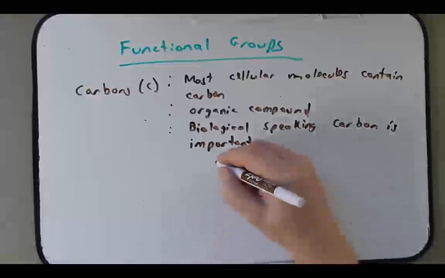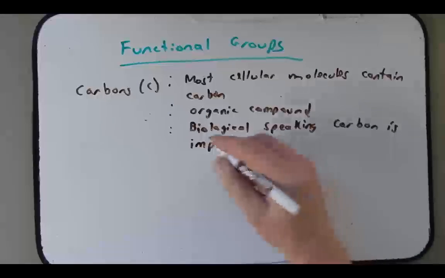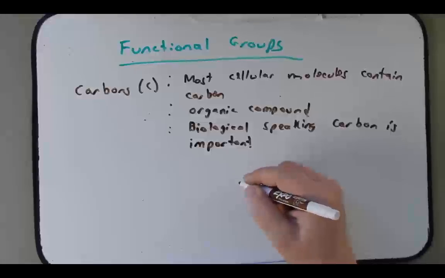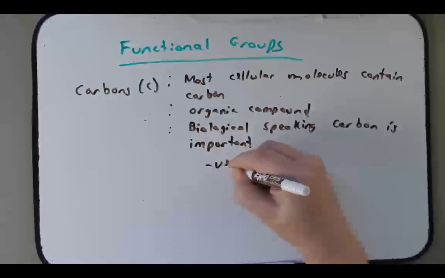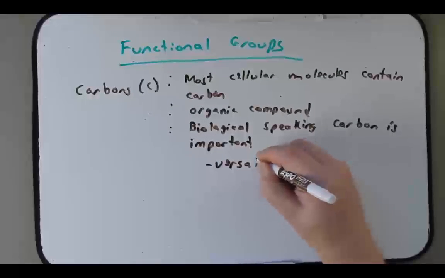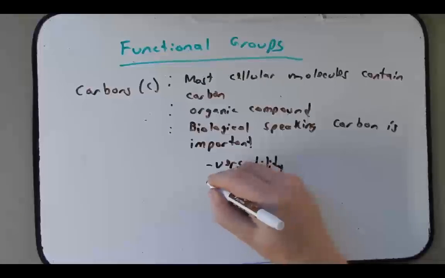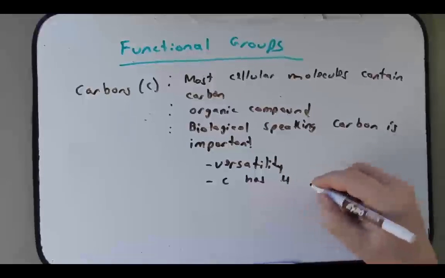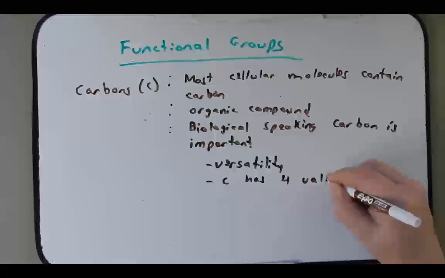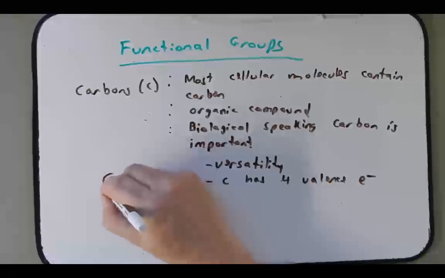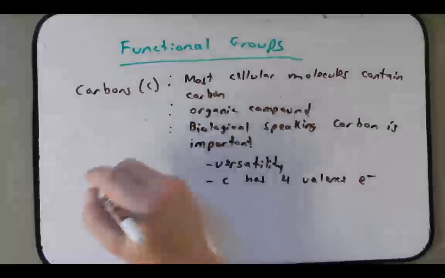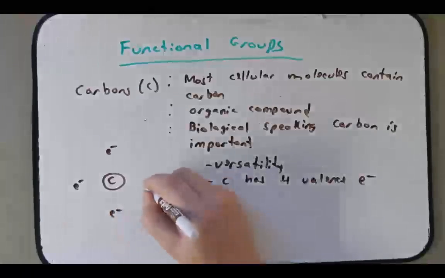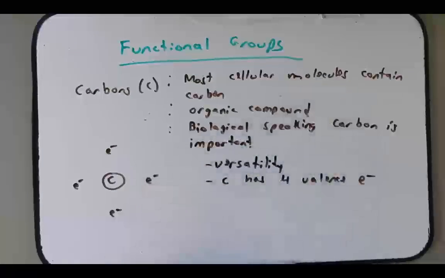One of the reasons it's important and unique to carbon and not other atoms is due to its versatility. And by versatility, what I'm talking about is that carbon has 4 valence electrons. So if we were to draw the carbon atom here on its outer shell, it has 4 unpaired electrons.